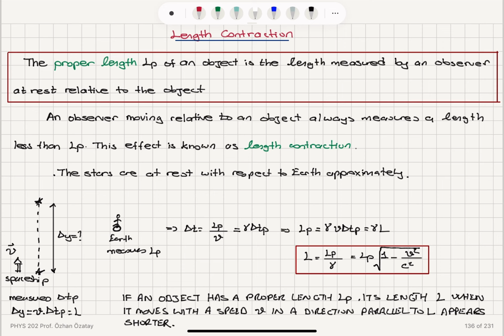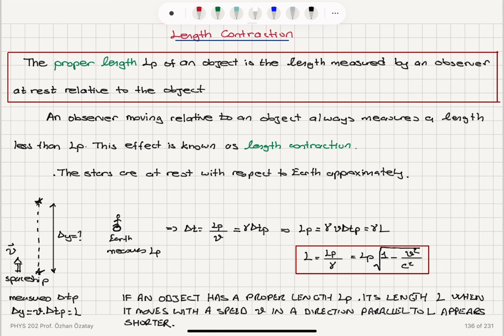The proper length of an object is measured by an observer who is at rest with respect to the object. So the two endpoints should be at rest. If we have an observer that is moving relative to an object, this length will appear to be shorter, and the effect is known as length contraction. It is the proper length divided by gamma, or proper length multiplied by square root 1 minus v square over c square.